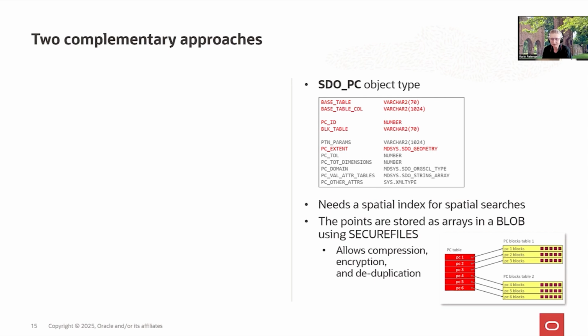Yeah, exactly. The way of storing these blocks as blobs makes it possible to apply database compression. You can also encrypt the data, or alongside compression, you can also deduplicate the data.